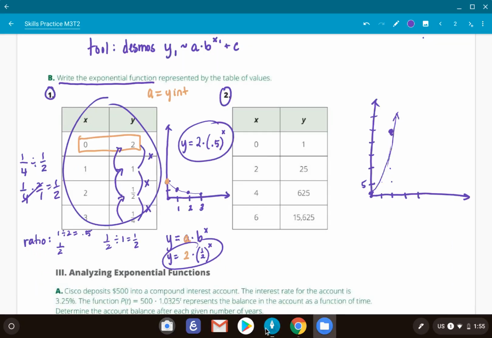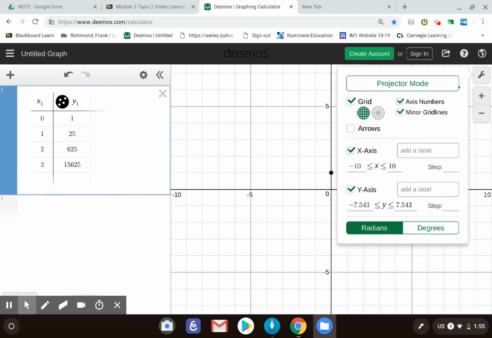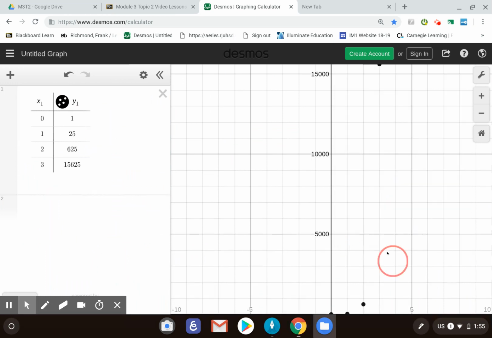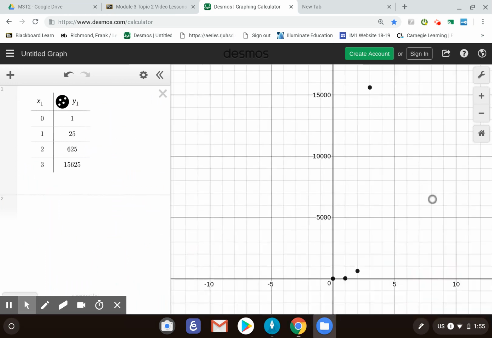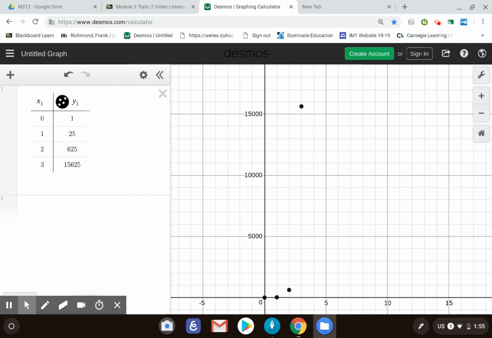We have 15,625. And you could see my Y values go all the way up to 15,625. And on here, my Y values only go up to 8. So I'm going to have to change my Y values so that I can see all of my points. And you can see it makes an exponential pattern, exponential function.